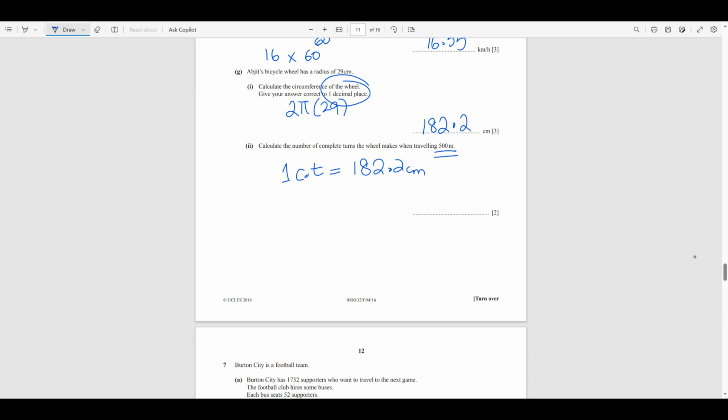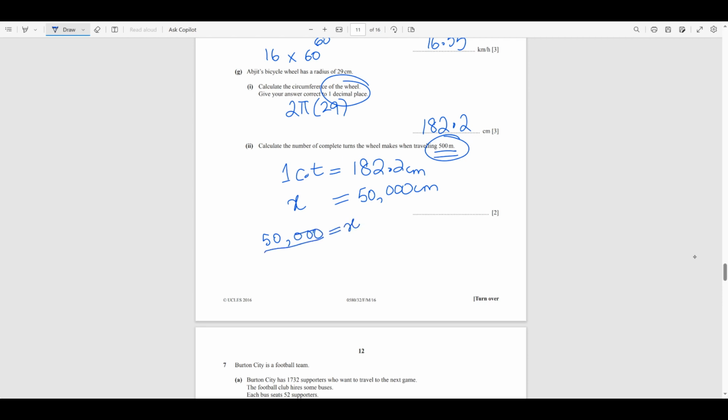It basically asks that if it takes 182.2 centimeters for one complete turn, how many complete turns, which we don't know, will it make in 500 meters? So 500 meters is basically 50,000 centimeters, right? And then simply cross multiplying, 1 times 50,000 is 50,000, which is equal to x times 182.2.